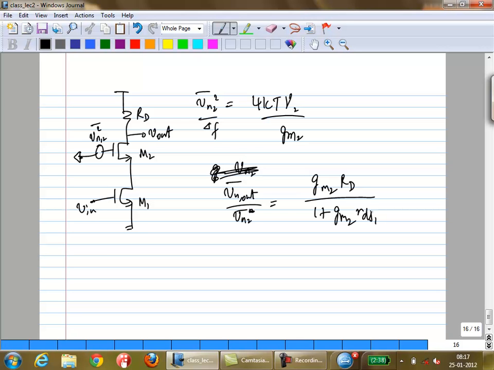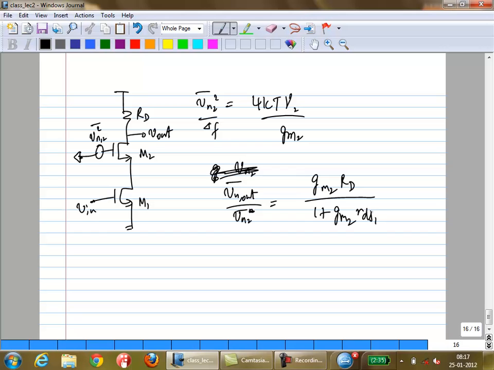What is the output impedance looking in here? It's RDS1. Remember, we calculated the gain of a source degenerated common source. The effective transconductance is GM over 1 plus GMRS if you have an RS at the source. So the effective gain of this is GM2 RD over 1 plus GM2 RDS1.